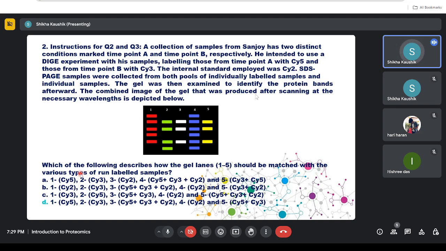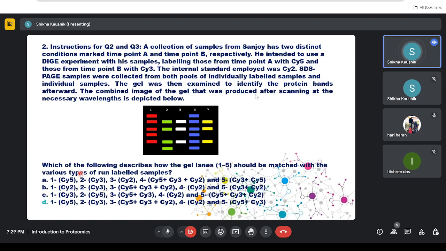The internal standard employed was Cy2. SDS-PAGE was performed for both pools of individual labeled samples and the internal standard. The gel was then examined to identify the proteins afterward. The combined image of the gel produced after scanning at the necessary wavelengths is depicted below. Which of the following describes how gel lanes 1 to 5 should be matched with the various types of run samples? So you have to tell that now.